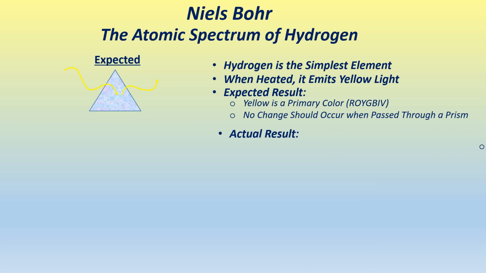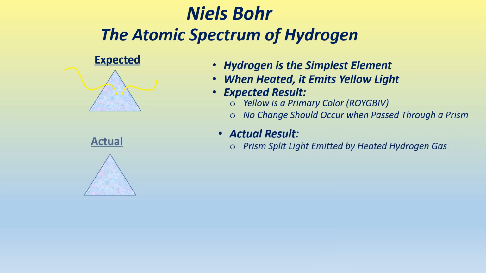What actually happened was that the light emitted by the hydrogen was split by the prism into multiple different wavelengths. These wavelengths were very discrete and well separated, unlike a regular spectrum where the colors blend into each other.